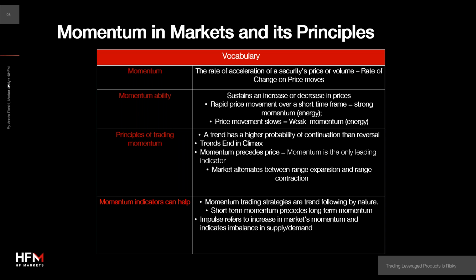There are many different kinds of traders and investors. We have swing traders, we have scalpers, many different types of approach. So one type of trading approach, of trading technique, is momentum.